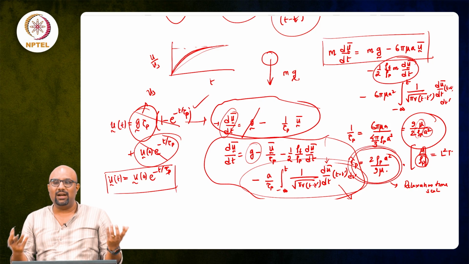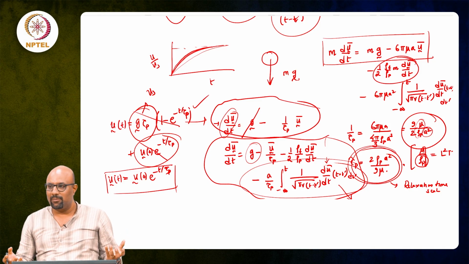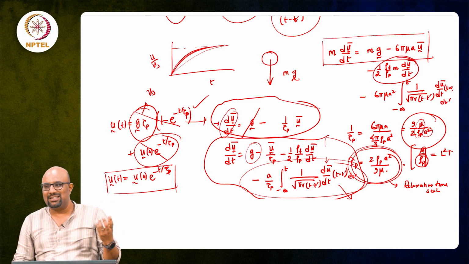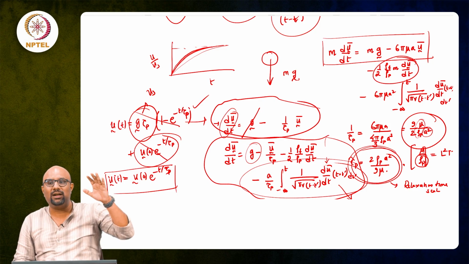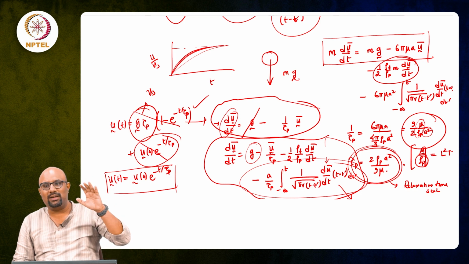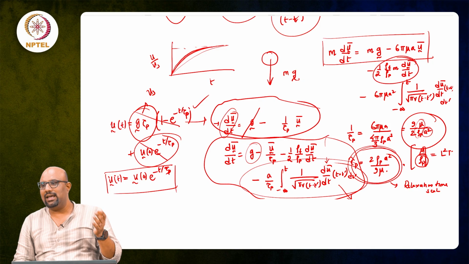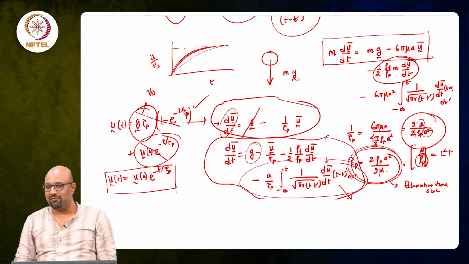Take two identical size particles in the same fluid, but if you make the particle density heavier, then tau p is going to get larger, and tau p becoming larger means I achieve my steady state, or lose all my momentum, more rapidly than an identical problem of the same size particle in the same fluid but of lower density. So, this is the quantification of how much inertia you have, the amount of inertia that is there in the problem.